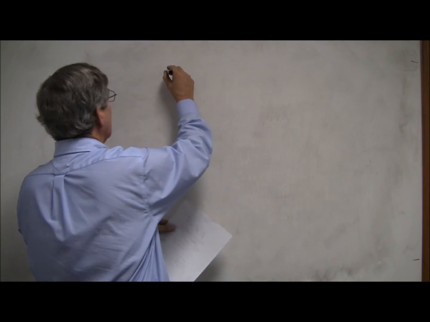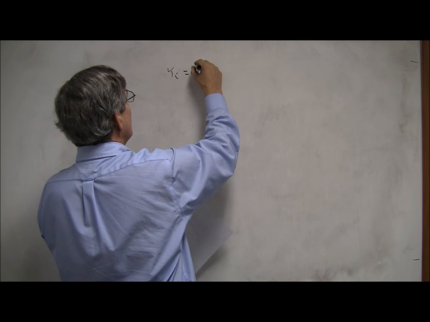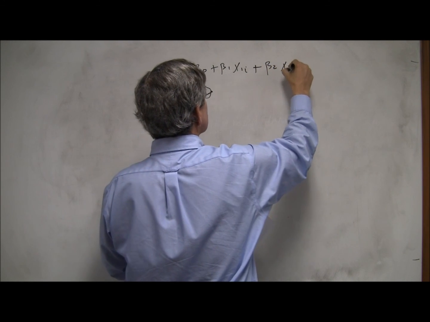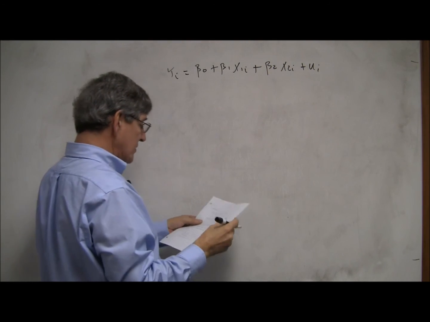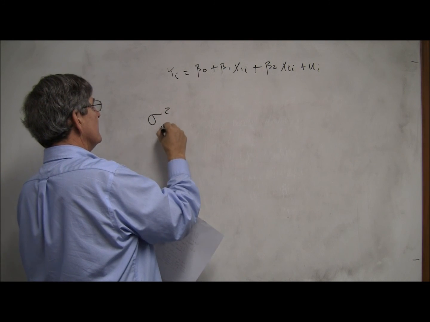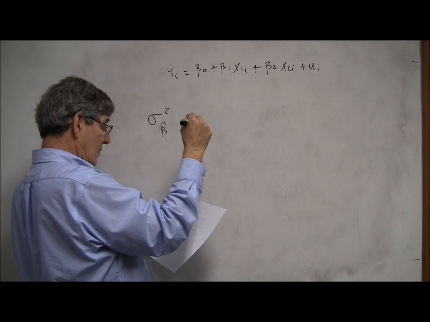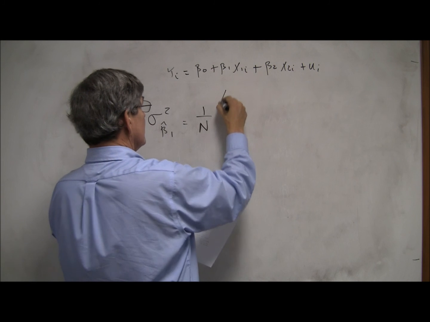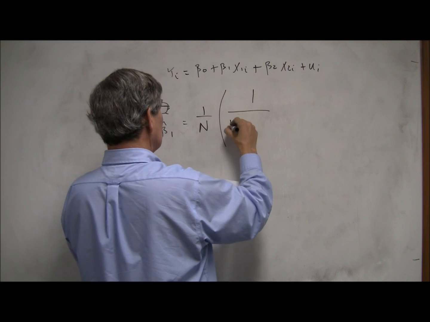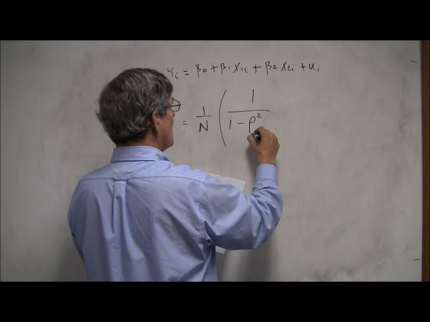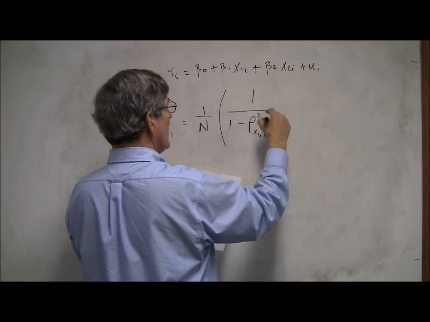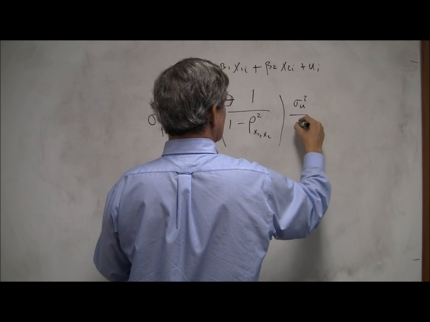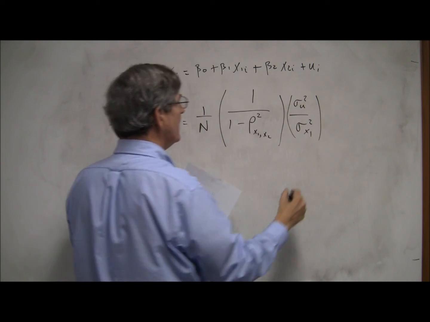If you have an even simpler model, y_i is beta 0 plus beta 1 x1i plus beta 2 x2i plus u_i, you can show that sigma squared beta hat 1 is 1 over n times 1 over 1 minus rho squared, that's the correlation between x1 and x2 squared, times sigma squared u over sigma squared x1.